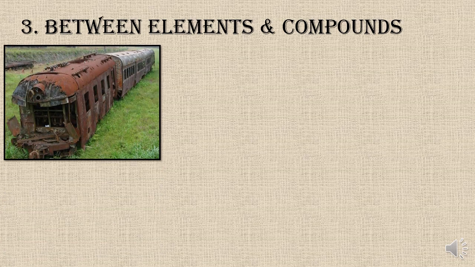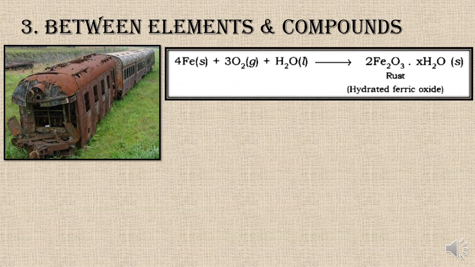The very common example is rusting. As we know, during rusting, iron reacts with oxygen and water to form rust. Here, as you can see, there are 3 reactants. One is in the compound form, which is water, and 2 are in their element forms, which is iron and oxygen.